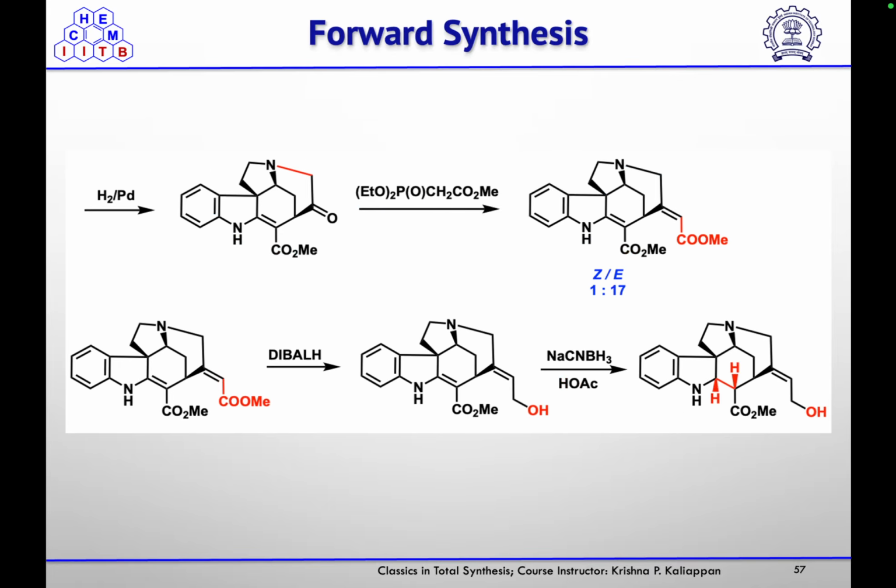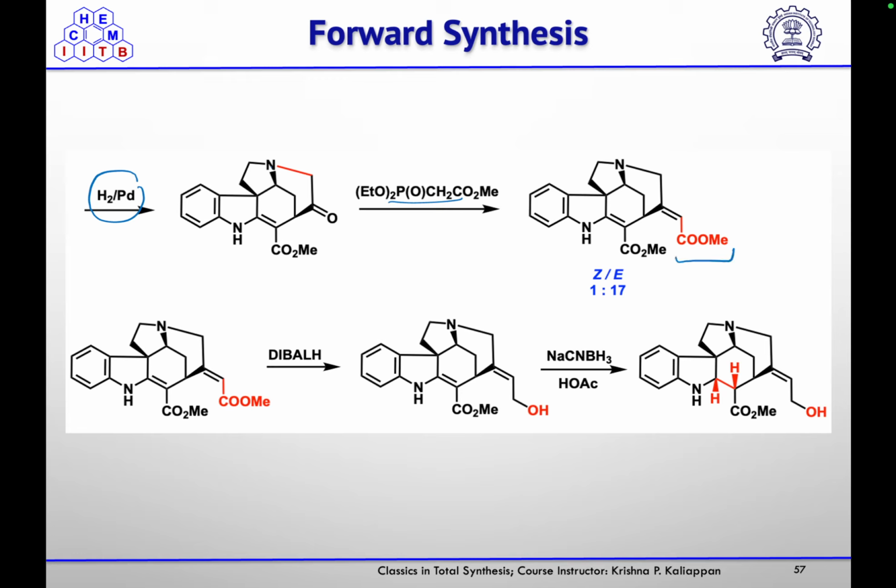Then on doing hydrogenolysis, they removed that benzyl group, then nitrogen will react with that tosyl group to do the substitution to get the six-membered ring. Then again they did this Wittig reaction to get the E/Z mixture.